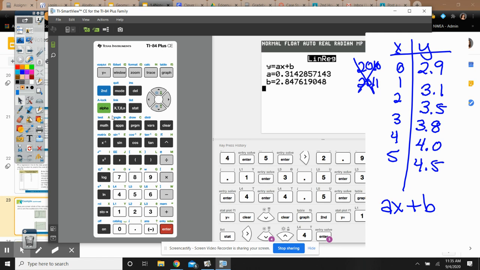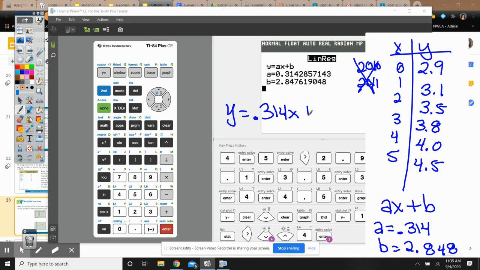It tells me that A is 0.314. That's probably good enough. And B is 2.848. So the equation of my line would be y equals 0.314x plus 2.848.